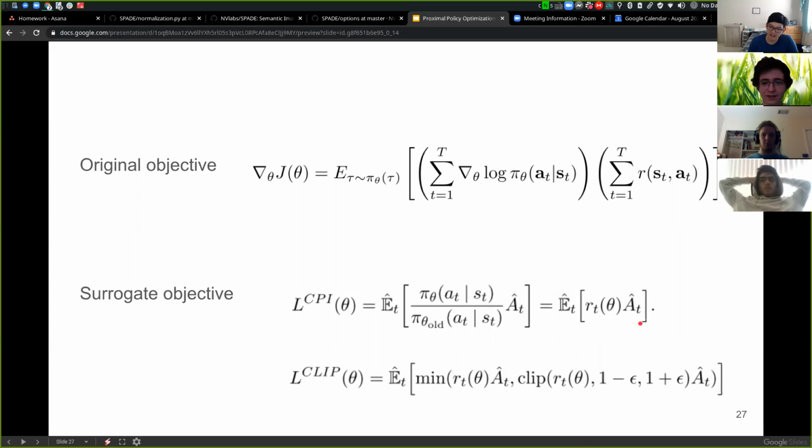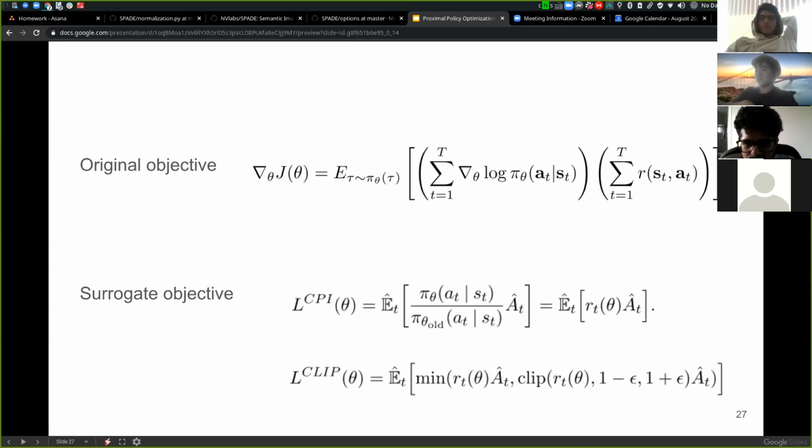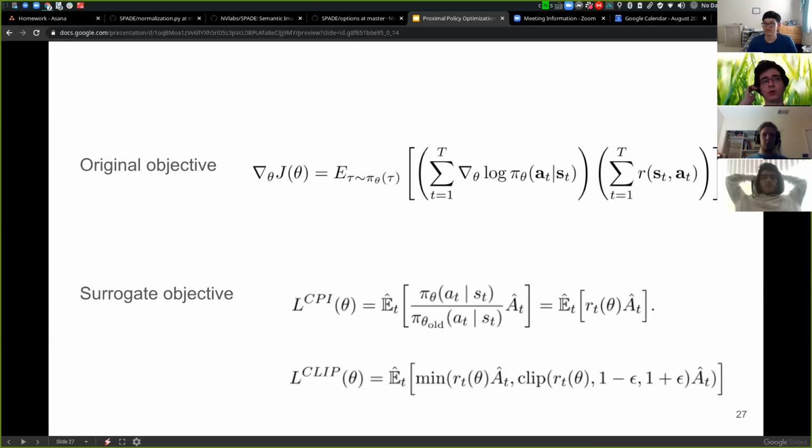Yep. So if you compare the regular objective that we have for policy gradients, the objectives lower are what the proximal policy optimization paper proposes. So there are 2 things that they propose.